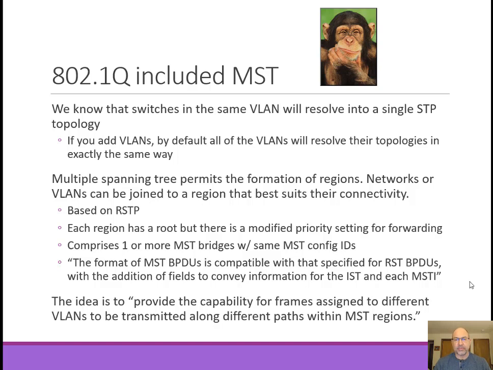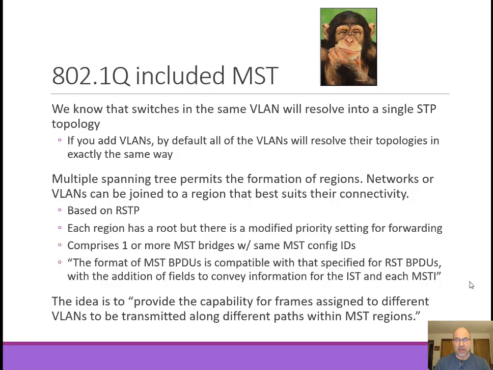Now you can manipulate that, and we'll see that later on in another video, but that's not what we're talking about here. Multiple spanning tree, which is part of 802.1q, allows the formulation of regions. Now it's a little weird. It's actually quite confusing, because if I said I wanted to have multiple VLANs but one spanning tree instance, we can wrap our head around that. I can even wrap my head around saying I want a different topology for every VLAN, so the number of VLANs would equal the number of spanning tree instances.